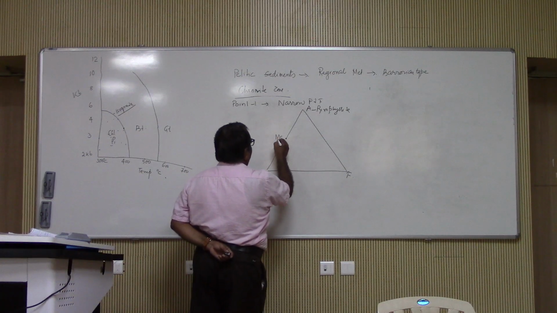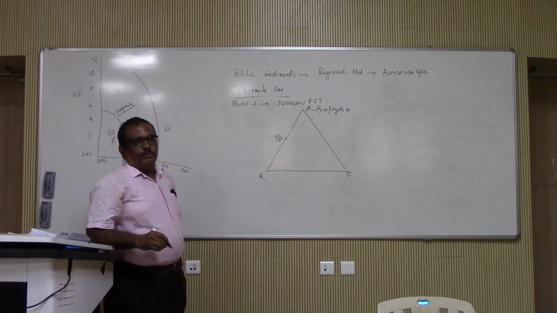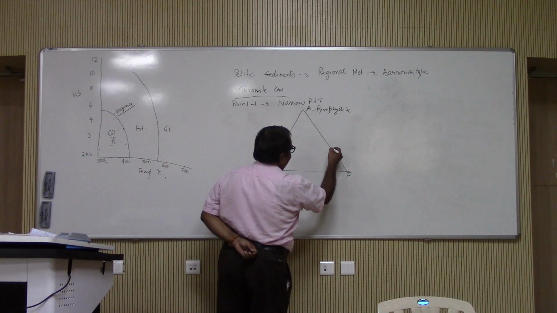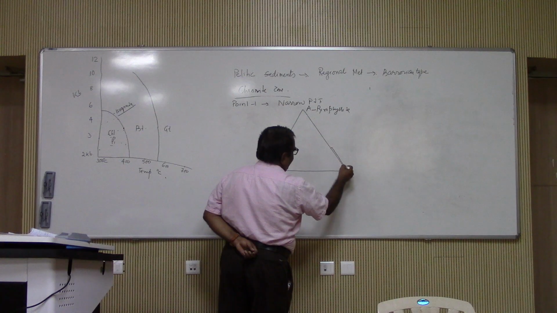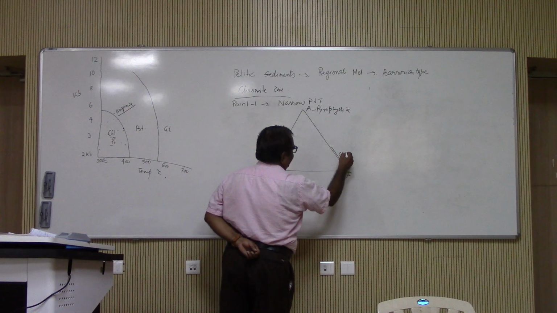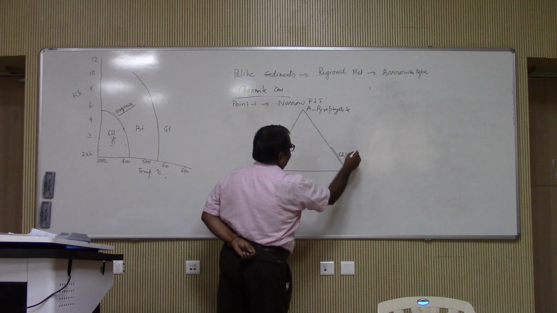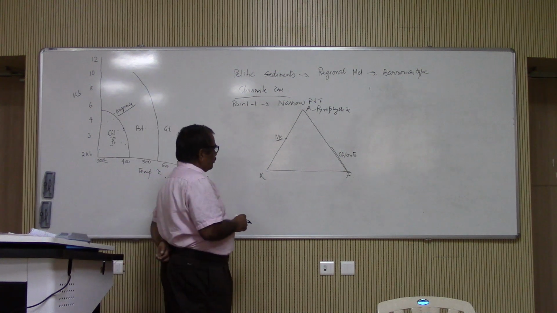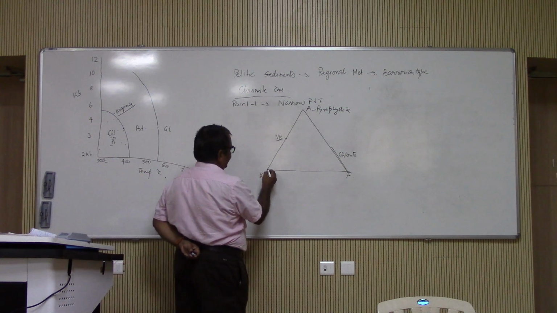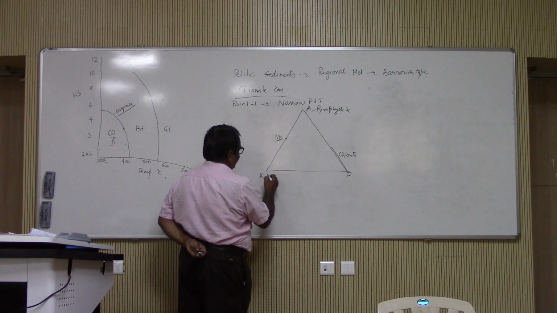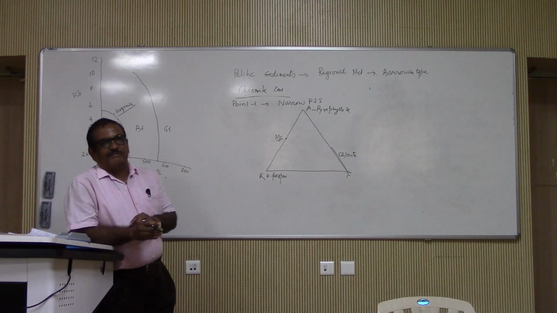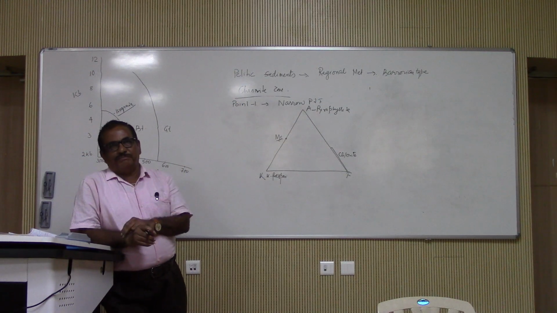MS I will write for muscovite. Where will be the chlorite? Chlorite will be here. This whole is a zone of chlorite. Did you understand my point or not? Where is potash feldspar? Potash feldspar. Take only these three. So these minerals are in equilibrium.